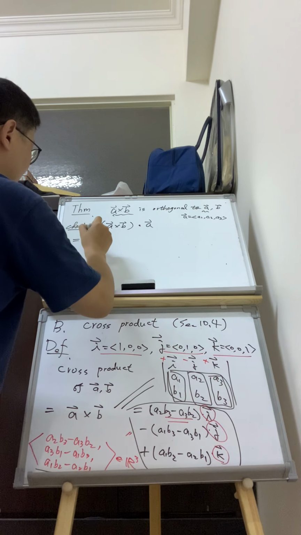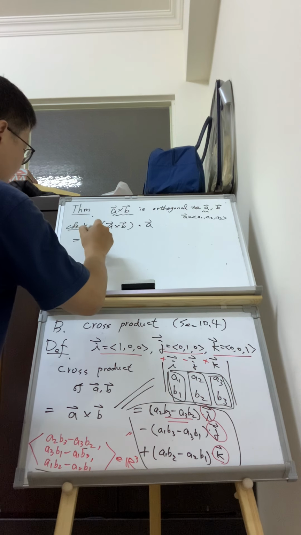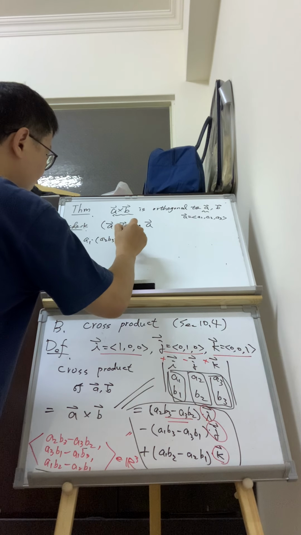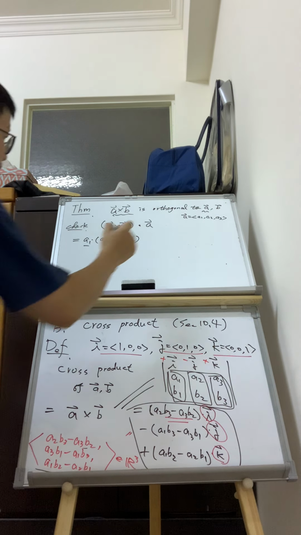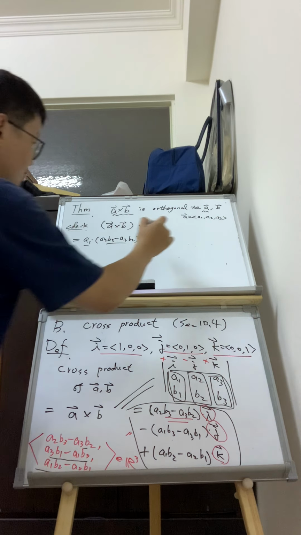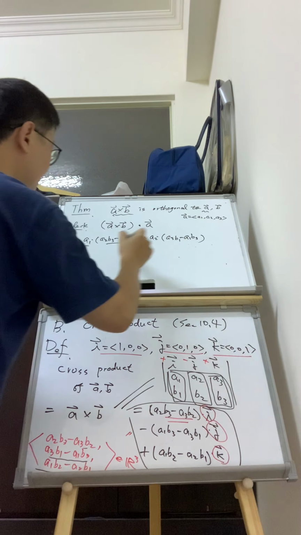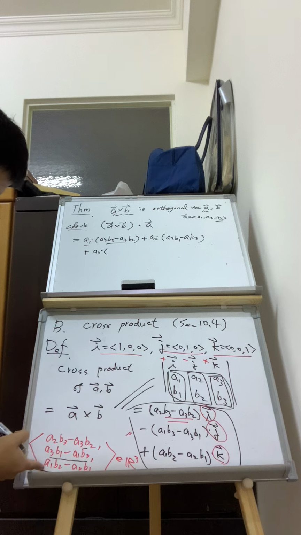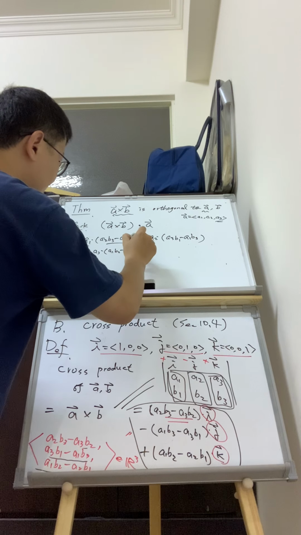When we consider their inner product, the first coordinate is A1, so we write down A1 times (A2B3 subtract A3B2), the first coordinate of their cross product, plus A2 times this term, (A3B1 subtract A1B3), and the next one is A3 times the last one, (A1B2 subtract A2B1).